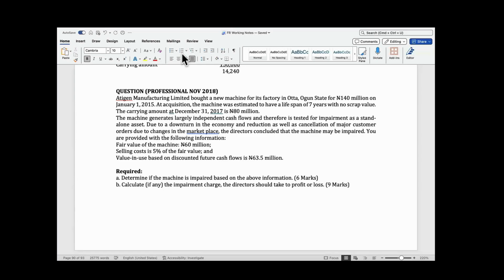Required: determine if the machine is impaired based on the above information, and calculate, if any, the impairment charge the directors should take to profit or loss.